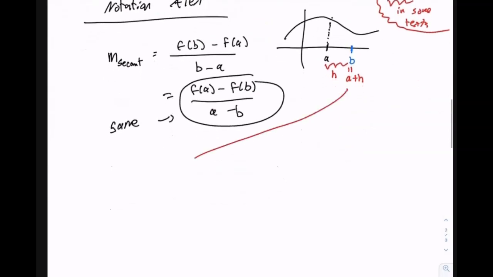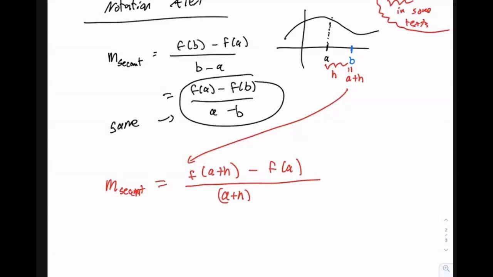So as a result, we can now say that the slope of the secant would be equal to f of a plus h minus f of a over a plus h minus a, which gives me f of a plus h minus f of a all over h.